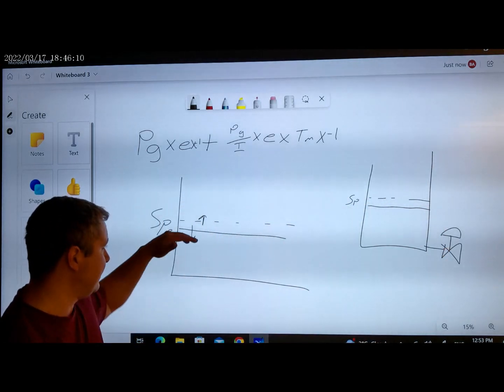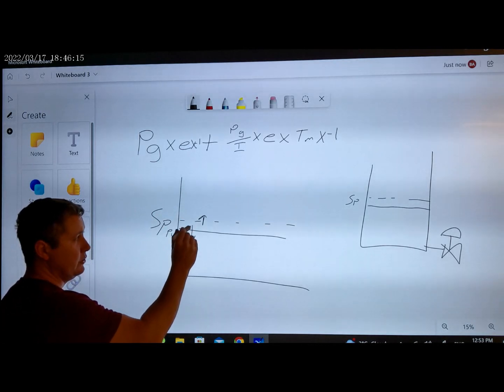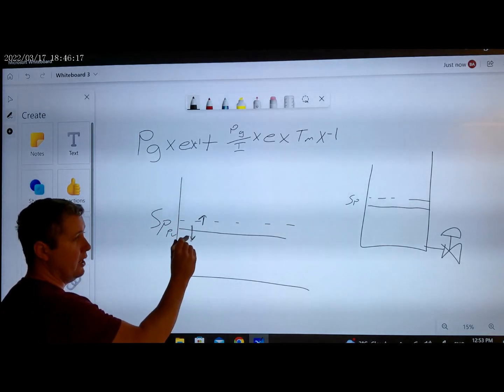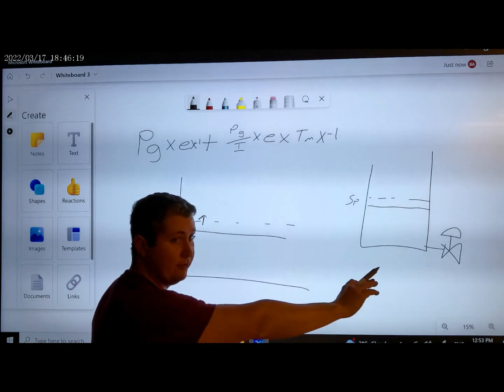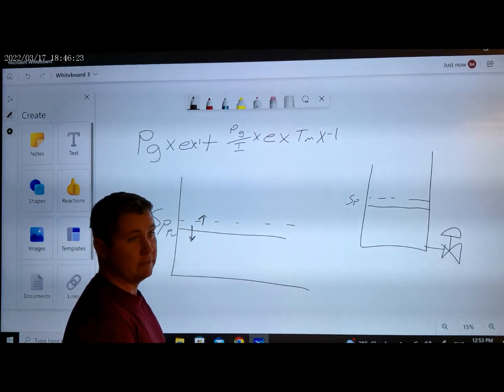So on a direct acting system, as the process variable drops, your output would also drop, which would then close your valve, which would then increase the level of the tank. That makes sense.